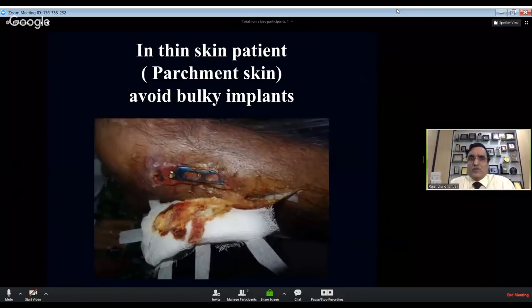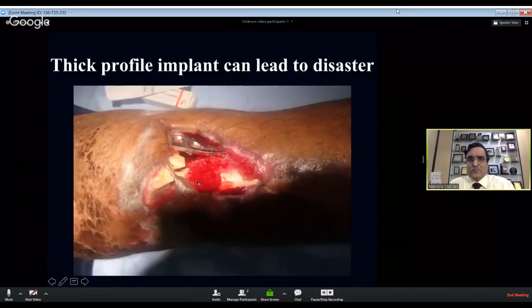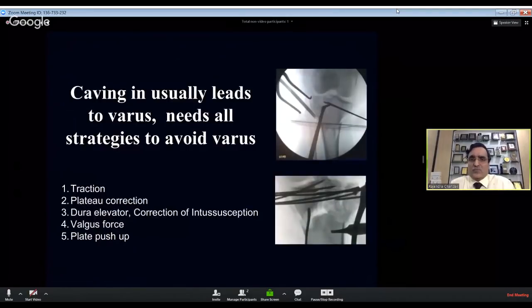This was a thin skin patient, where the skin was almost like parchment, and you were hardly able to pinch the skin, and the large locking plate construct just gave way. This was a thick profile implant which led to loss of soft tissues.